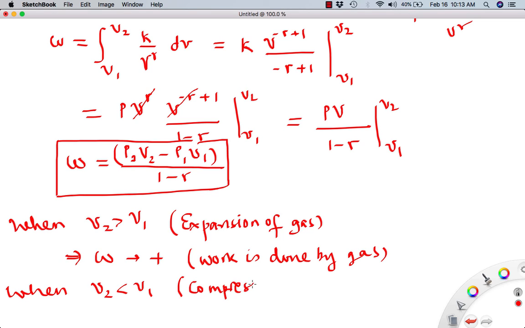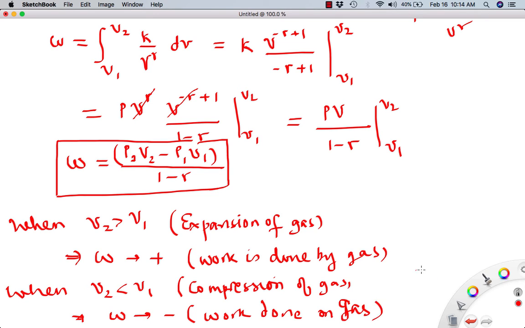In this case, when V2 is less than V1, we get work to be negative, and negative work is work done on the system or on the gas. When you're compressing the gas, you do the work on the gas. When the gas is expanding, the gas does the work on the surroundings.